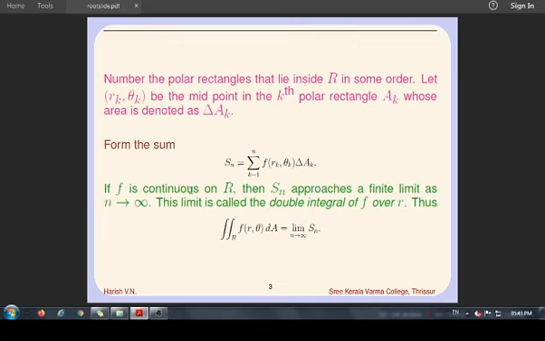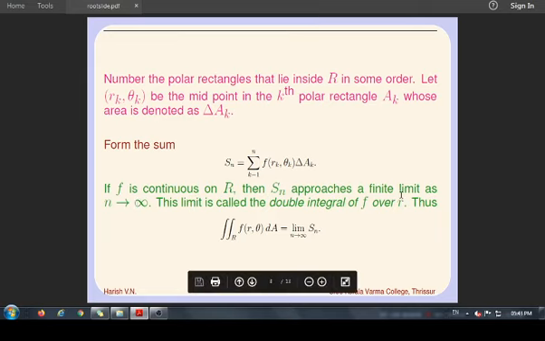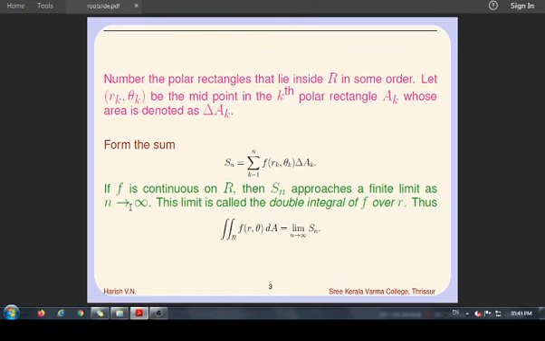Now if f is continuous on R, then we can show that Sn approaches a finite limit as n tends to infinity. N tends to infinity means the partition rectangles become more and more. That means the mesh becomes smaller and smaller. Mesh means the area of the polar rectangles.